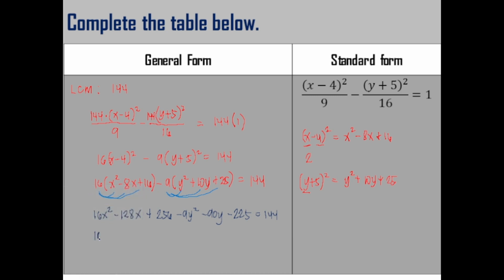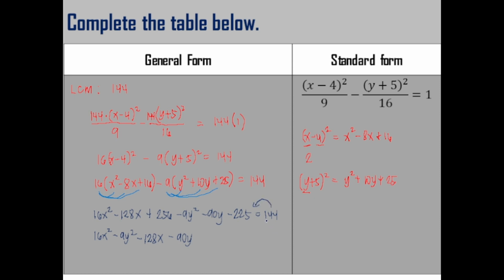So 16x squared followed by negative 9y squared, and then x na po tayo, negative 128x, and then yung y natin, negative 90y, and then yung constant, we have to combine everything, ano? So ito, 144, transpose po natin siya doon.